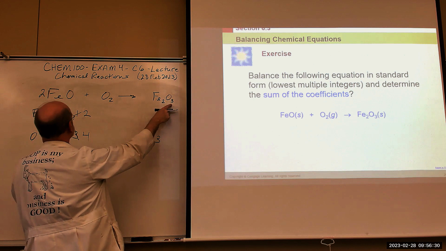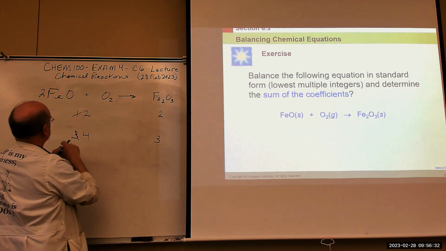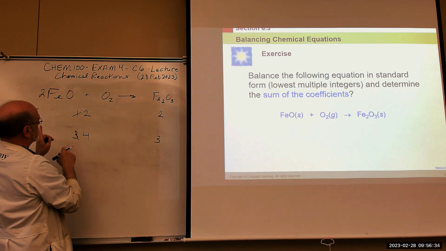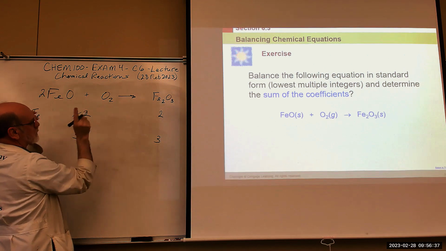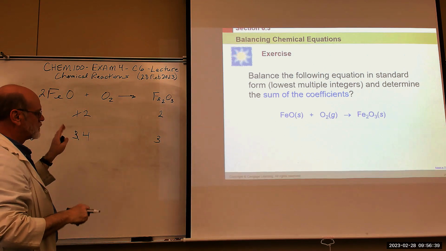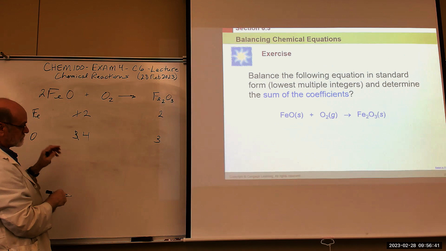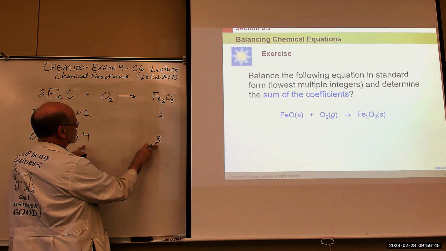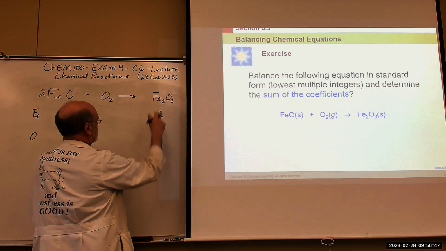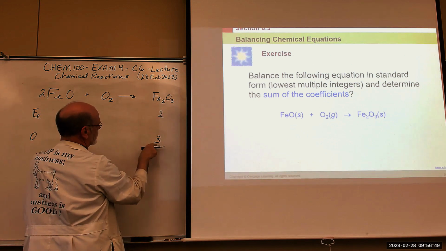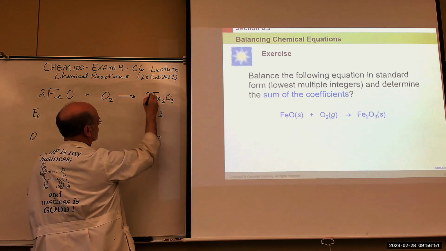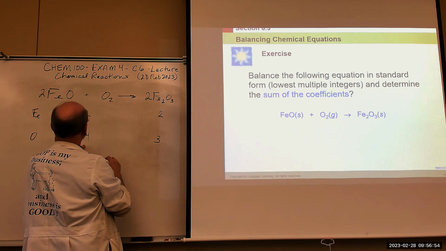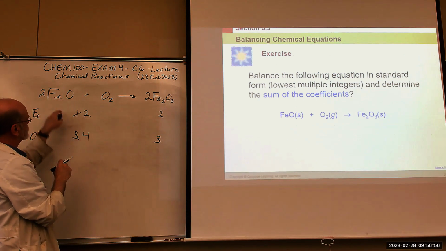So if I put this 3 over here, no, because we have oxygen in 2 different places, I better not use that trick. So what I need on this side, let's put a 2 here, and that'll make this an even number. Now, that won't help us any because it changes the iron.